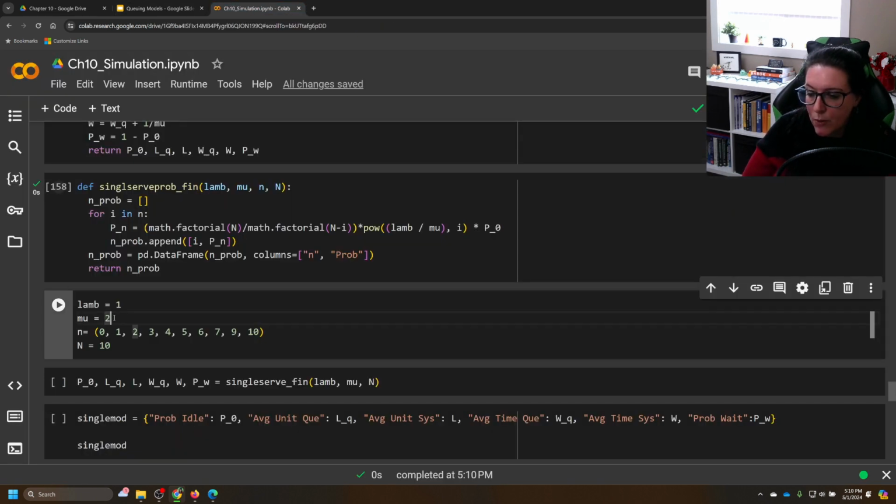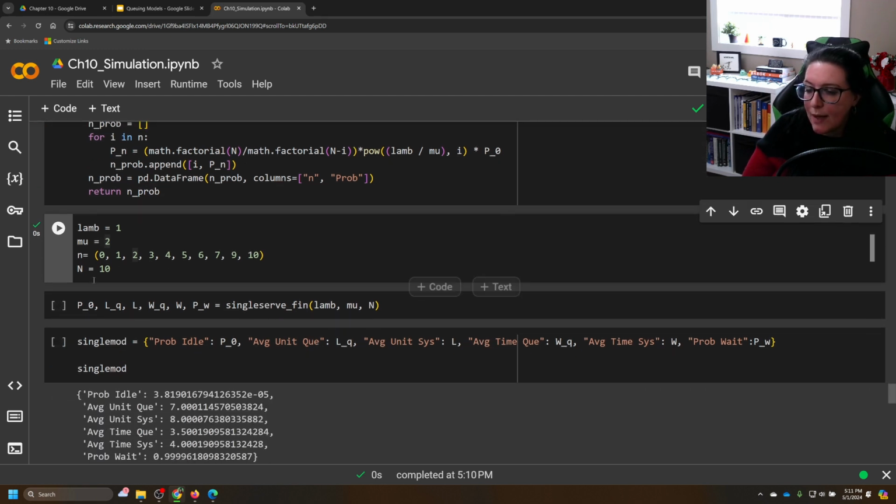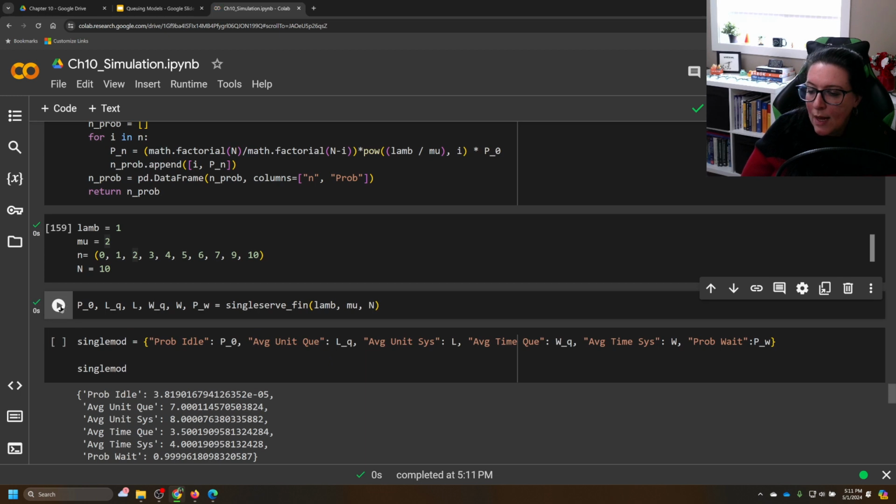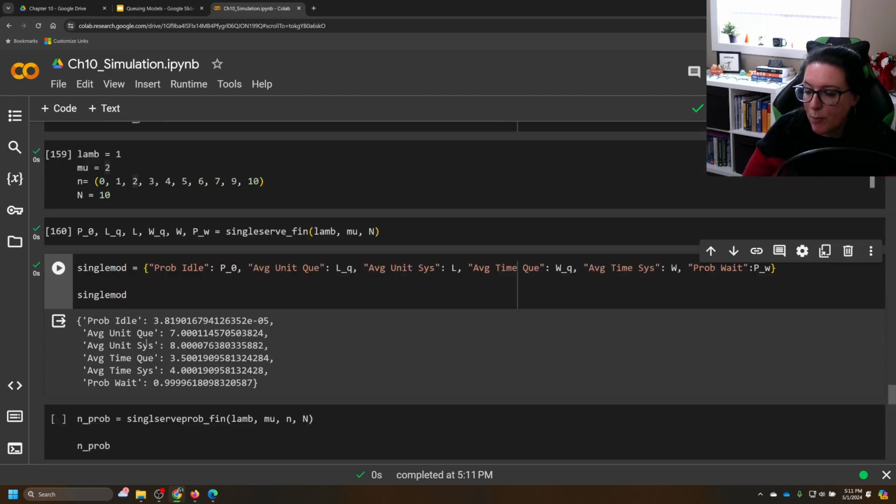So here we have mu equals 2, and our n can go anywhere from 0 to 10. We will call our single serve for our finite model, giving it the lambda, mu, and capital N. And then we can have those values in our dictionary here. So variable and value, probability idle, average unit queue, pull this information, and then we output it so we can see it as a report.